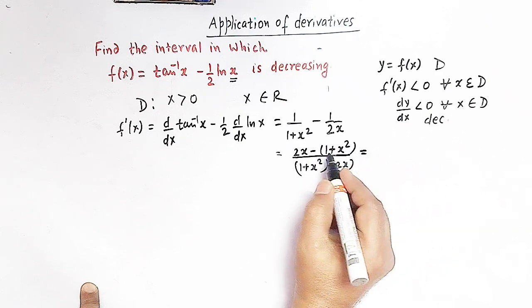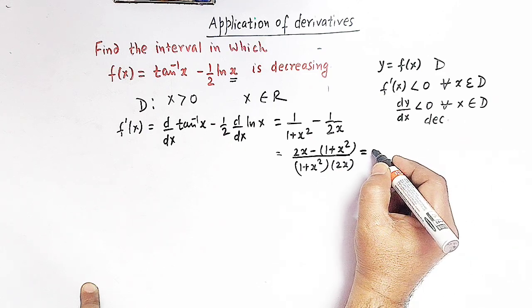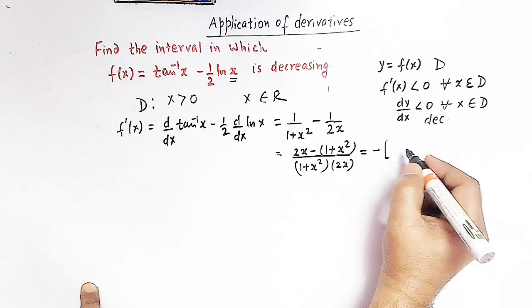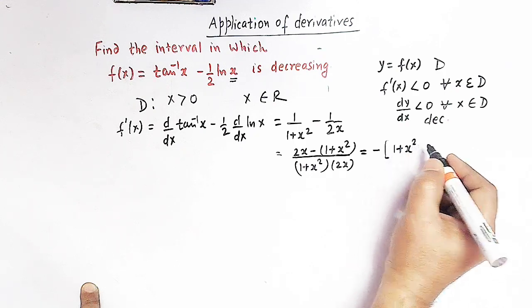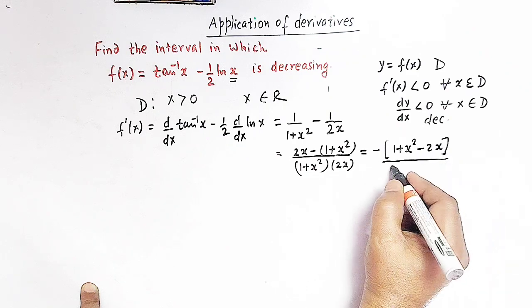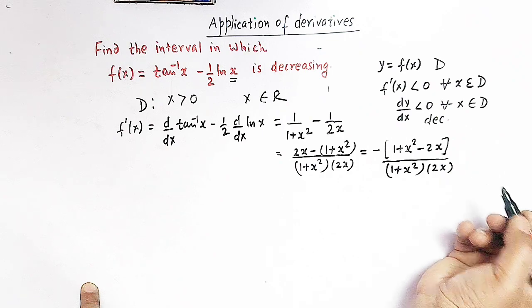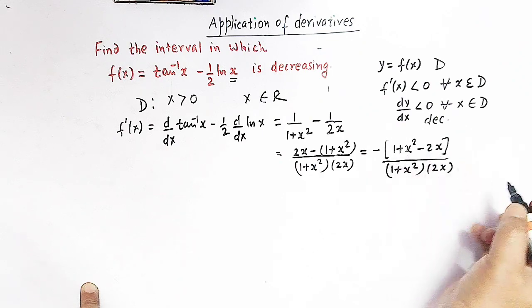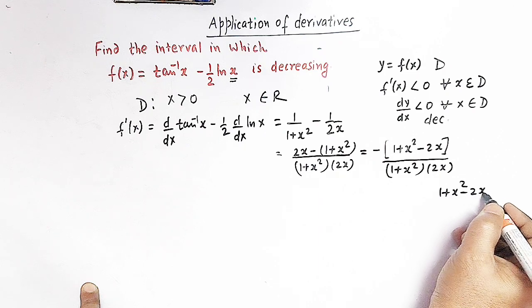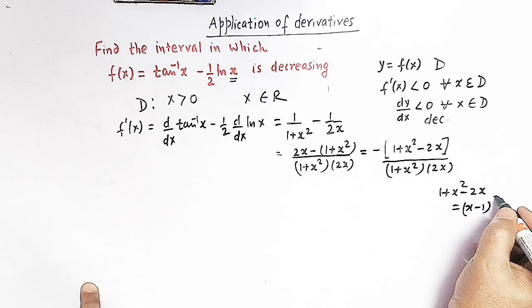So now we can write this numerator as taking the negative sign common. So we can now write here 1 plus x square, and then we have minus 2x, and here we have 1 plus x square, and this is 2x. Now see this expression, that is 1 plus x square minus 2x is given by x minus 1 whole square.